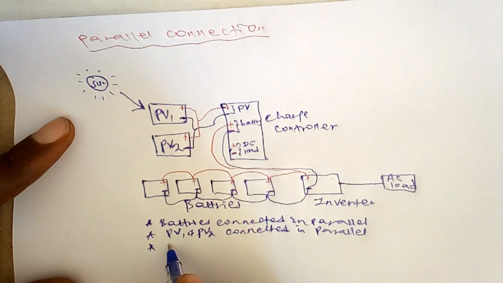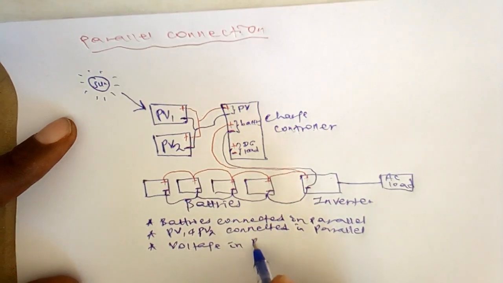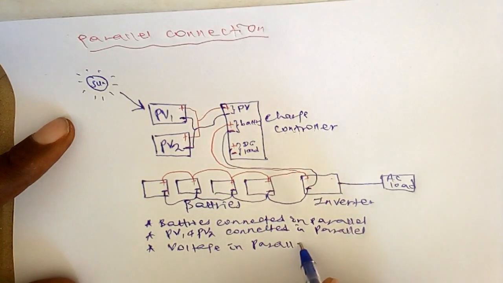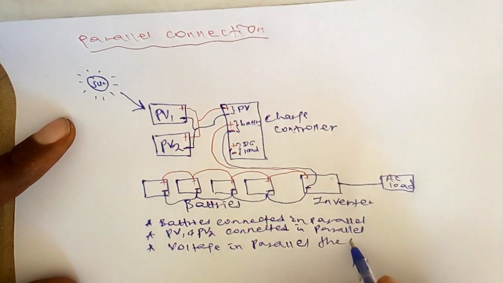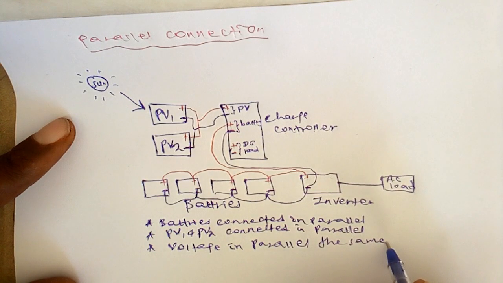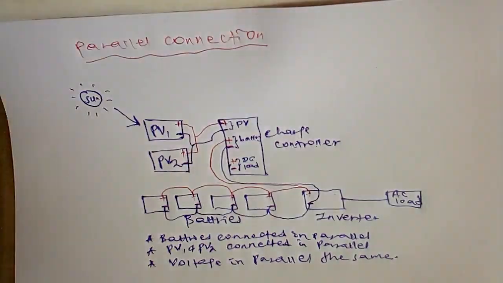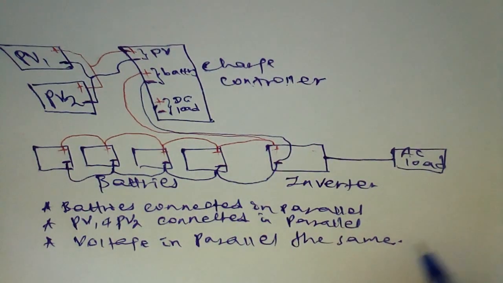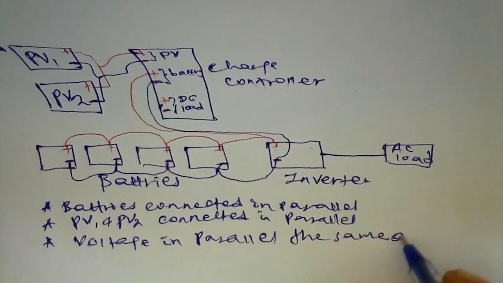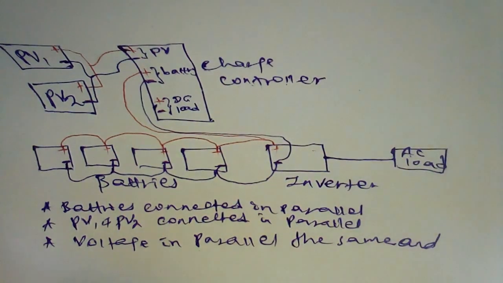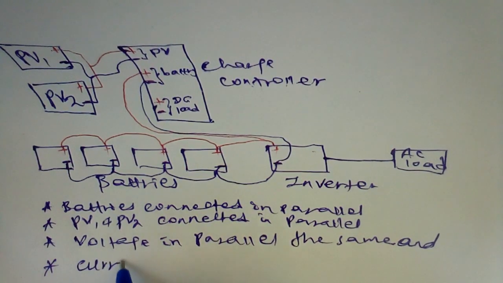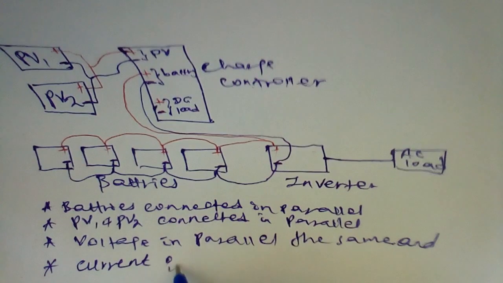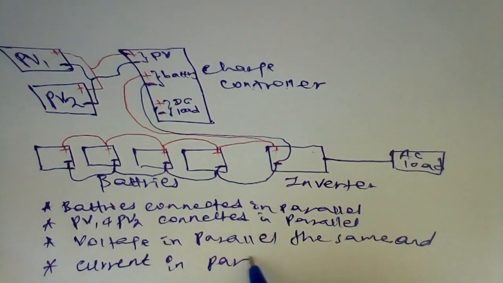As you see, in this parallel connection the voltage will be the same, or constant. But what will be the current? The current will be increased as the panels increase, or it will be summed up.